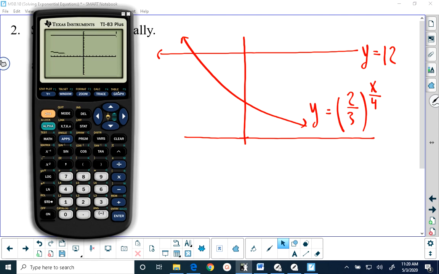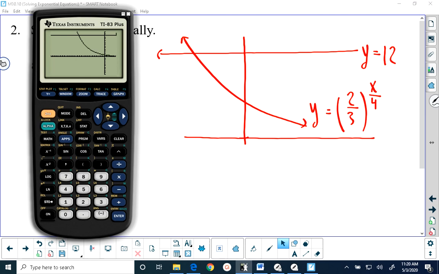I can see that this graph of 2/3 raised to the x over 4 is going to intersect with 12 someplace to the left of where my window setting is. So I'm going to have to go to a more negative minimum x. I would just go -50. I'm suspecting that will be enough. If it isn't, I can increase it again in the negative direction. But it is definitely enough.